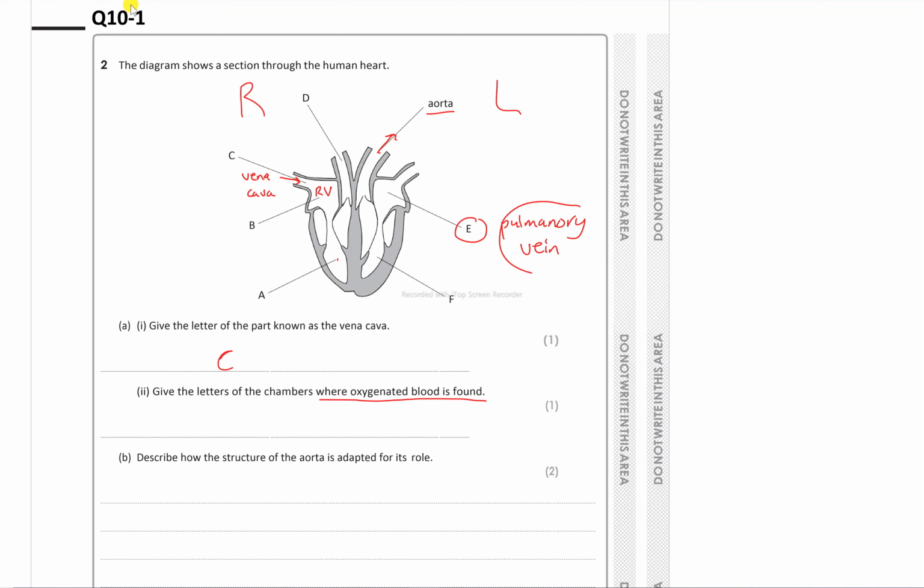They've not asked how does it get in. They've asked which chamber. Read the question. So it's the left atrium and the left ventricle. It's E and F.